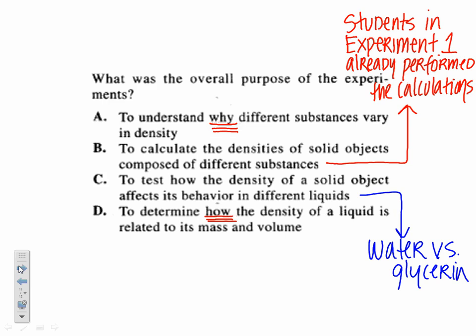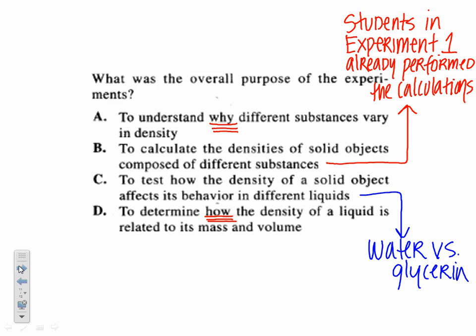Option A states that the purpose of these experiments was to understand why different substances vary in density. None of the experiments discuss why different substances vary in density, so option A is not correct. Option B states that the purpose of these experiments was to calculate the densities of solid objects composed of different substances. None of the experiments asked you to calculate the density, so option B is not correct.